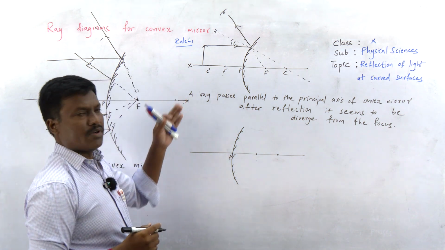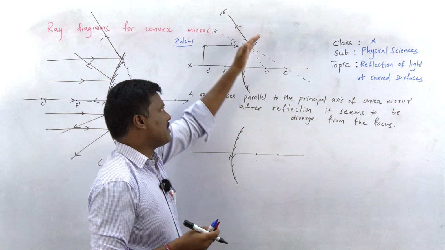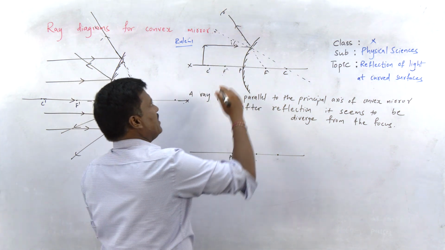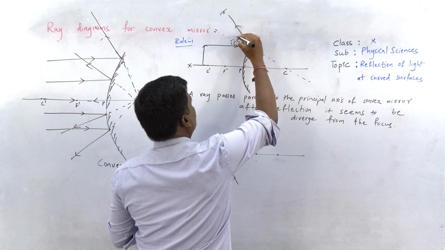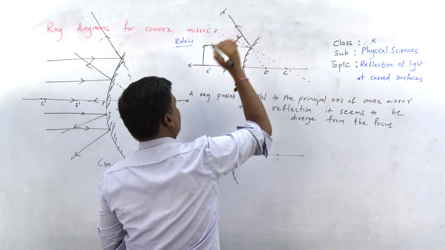So this is rule number 1. Any ray incident parallel to the principal axis, after reflection, compulsorily seems to diverge from the focus. Only then angle I and angle R both become equal. Angle I is equal to angle R.